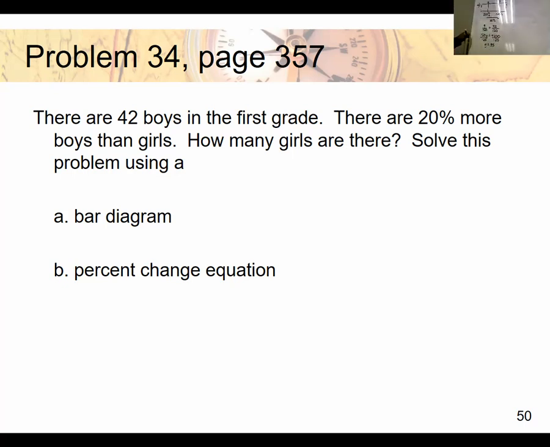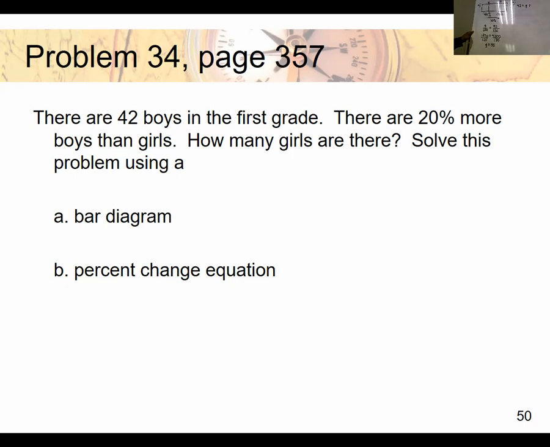Part B is using a percent change equation. If I was to use a percent change equation, it would be this. There are 42 boys total, and that's going to be equal to, and here I want to find the number of girls, so let G be the number of girls.